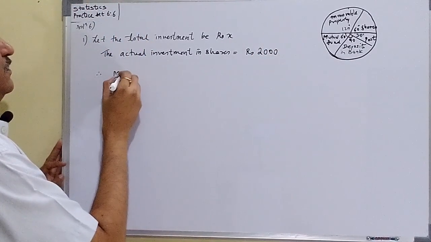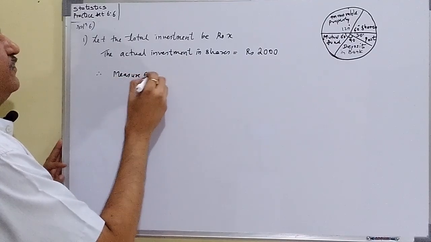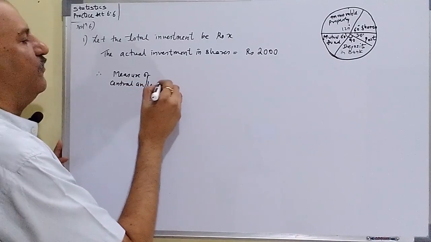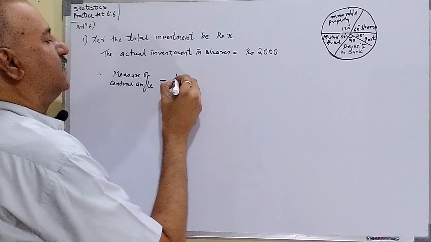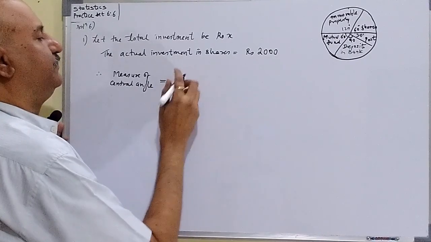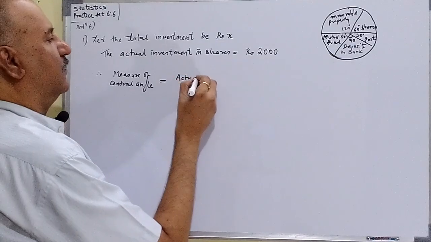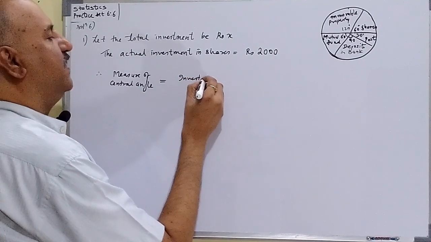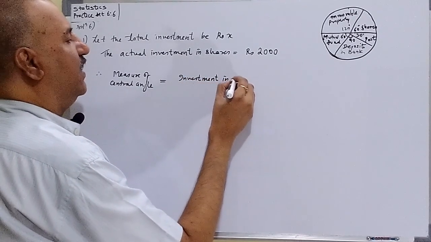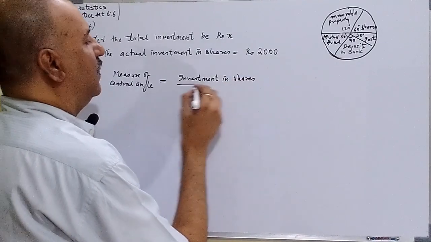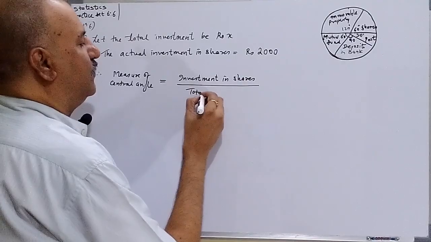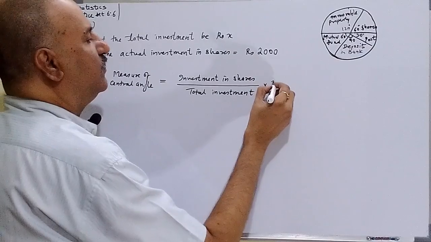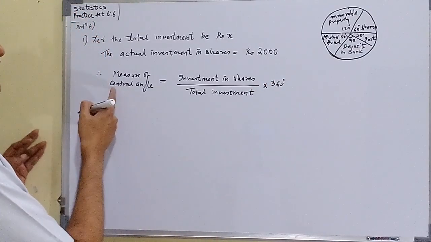Therefore, measure of central angle. What is measure of central angle? It is actual investment, लिखो सिर्फ, investment in shares upon total investment into 360.